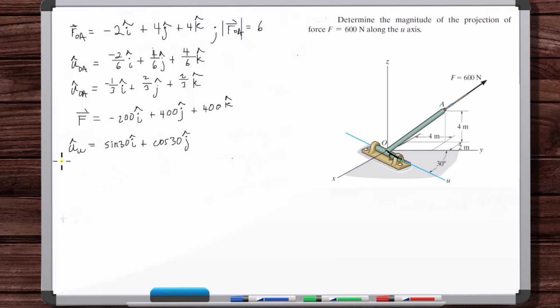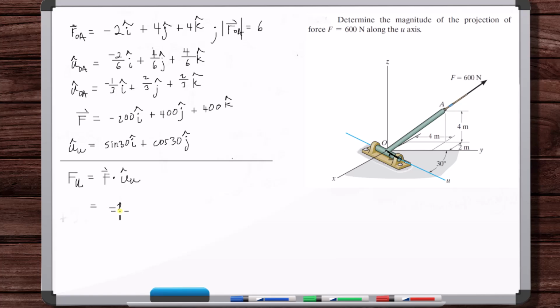So now all we do to get F in the u direction, this is just a magnitude, not a vector, is F dotted with the unit vector in the u direction. So what is that?